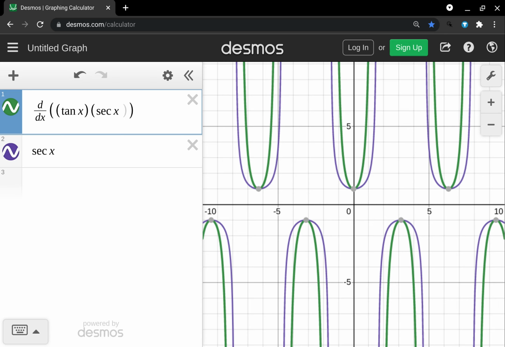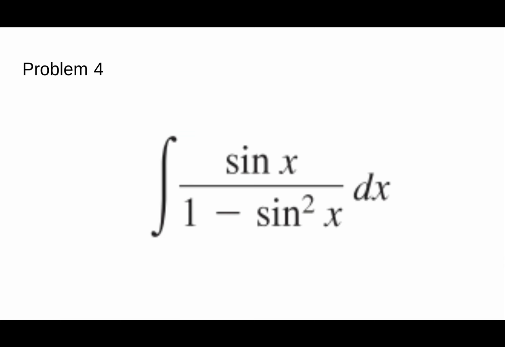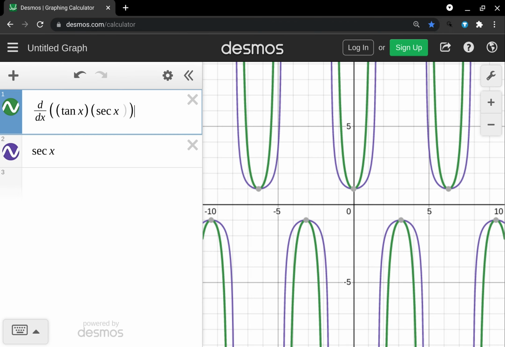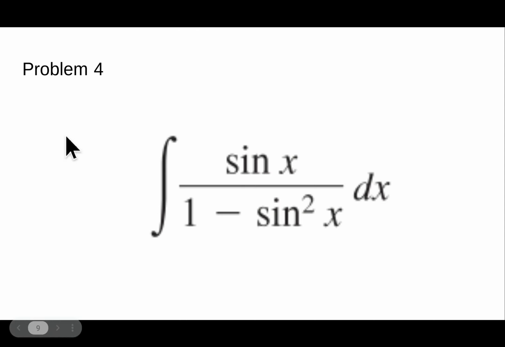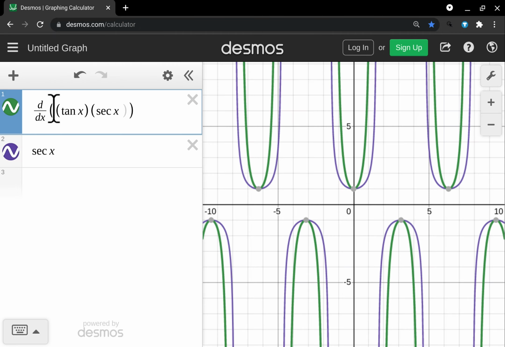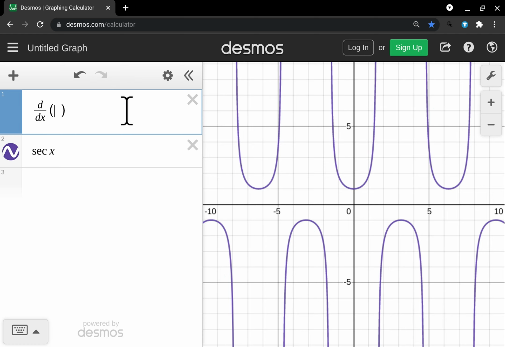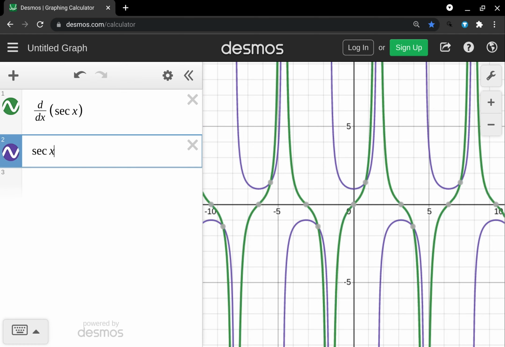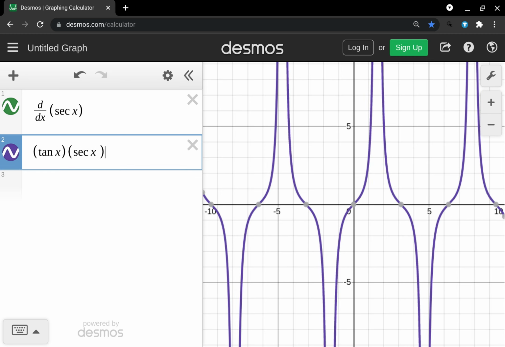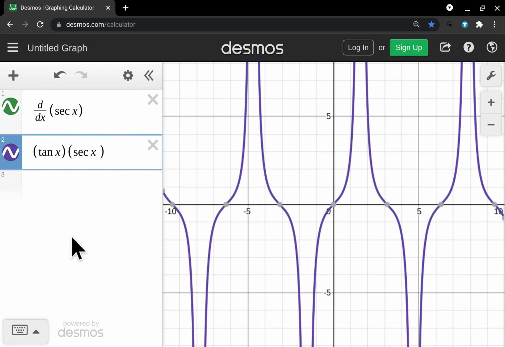So we look like we got something right. Sine of x divided by 1 over... Oh, what we're doing wrong. Now you see it. We were flipping them inside out.